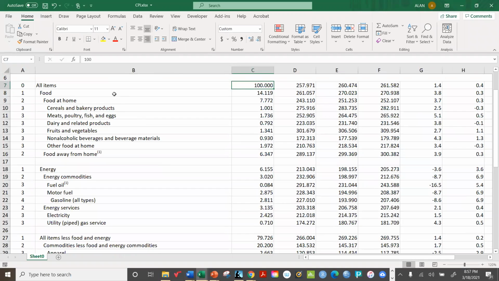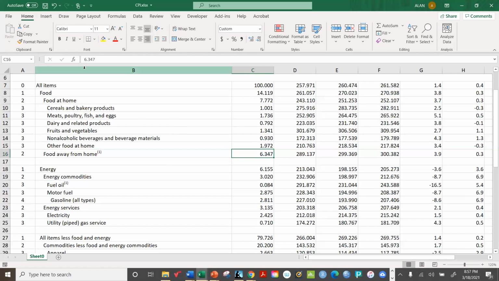They start with food, and this number on the right tells us that that is considered to represent about 14.119% of that typical urban family of four's yearly expenditures. Then they break it down a little further. For example, food at home is 7.772%. Food away from home, meaning, of course, restaurants and fast food places, is 6.347.